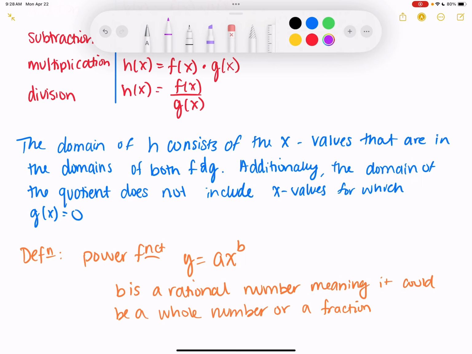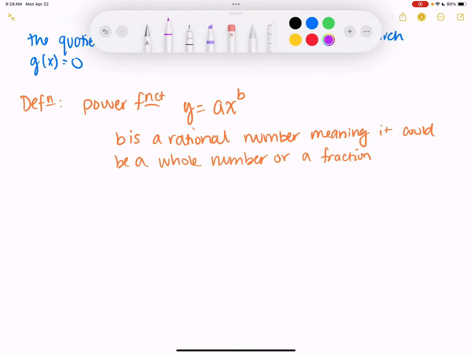All right, and then the big thing that we really need to be concerned about with this section in terms of preparing you for the future is composition of functions.